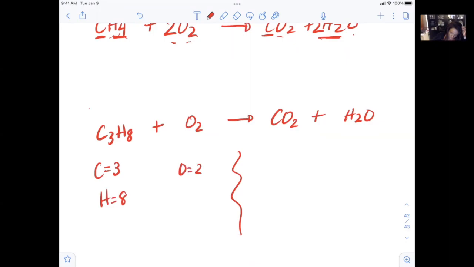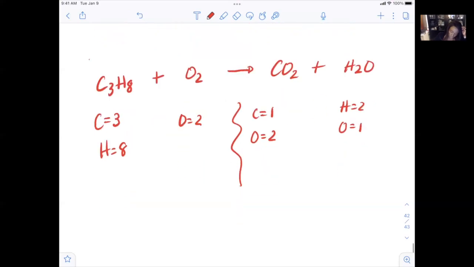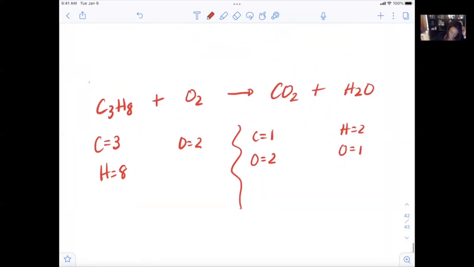We have 2 oxygens and I have 1 carbon and I have 2 oxygens. I have 2 hydrogens and I have 1 oxygen here, right? In a combustion reaction like we have in this case, balance either the carbon or hydrogen first, do the oxygen last, because we see the oxygen is available in 2 compounds that are different, right? So you want to balance oxygen last.